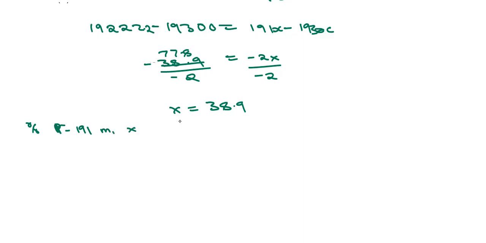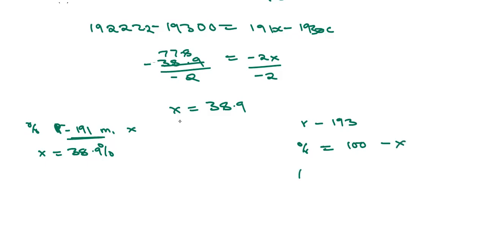That means the percentage abundance of this is 38.9%. This is how you find the percentage abundance of this one. What about the percentage abundance of the isotope 193? We said the percentage abundance was equal to 100 minus x.